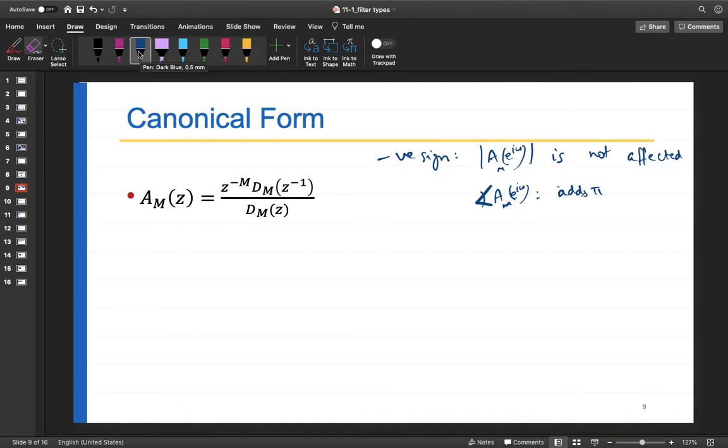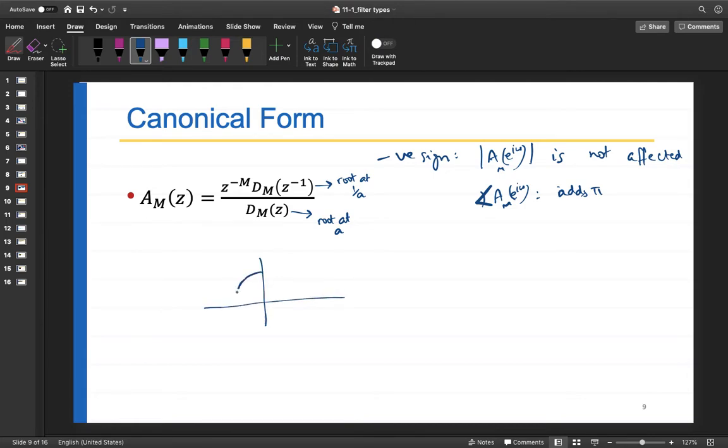Now, let us say my D_M(z) has a root at a. Then D_M(z inverse) will have a root at 1 upon a. We have studied this in our previous discussions.